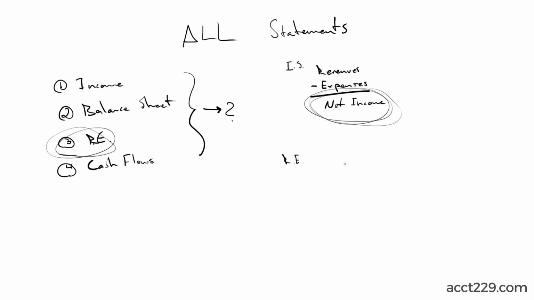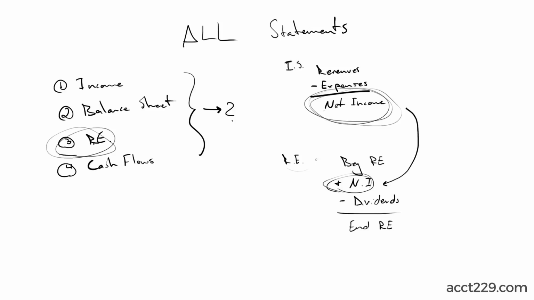Retained earnings is beginning retained earnings plus, bingo, net income minus dividends equals ending retained earnings, right? So if we started at the income statement, we ended up with net income. Well, we can walk this right down here and help us figure out retained earnings. So far we've got two of the statements pretty well knocked out.